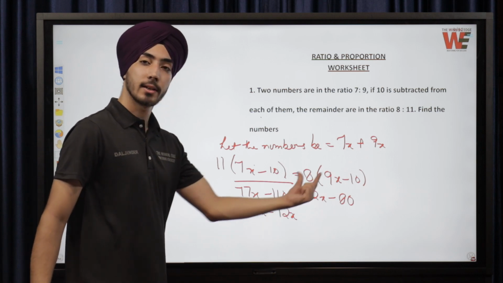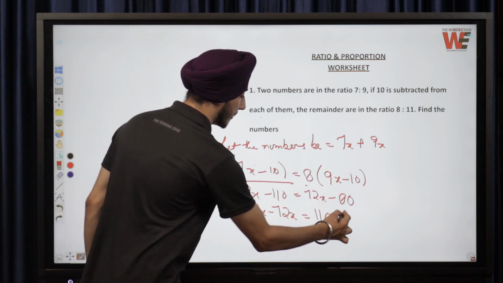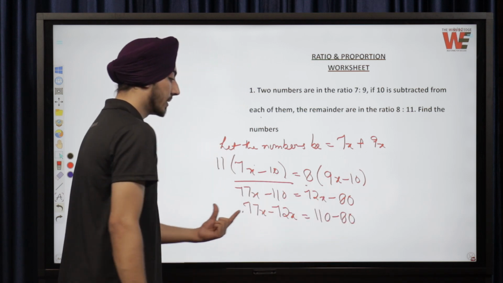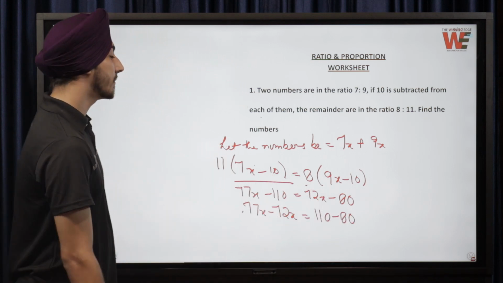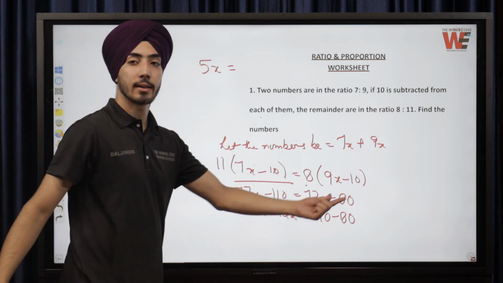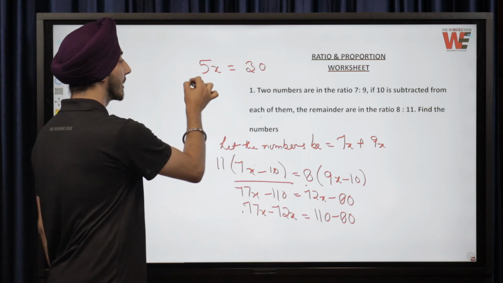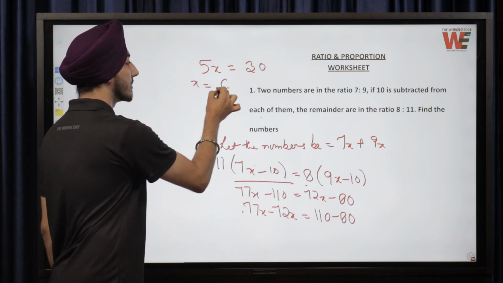And let's take 110 on the other hand, so it will become 110 minus 80. 77 minus 72, we are left with 5x. From 110, if you subtract 80, it will give you 30. So x comes out to be 30 by 5, which is 6.